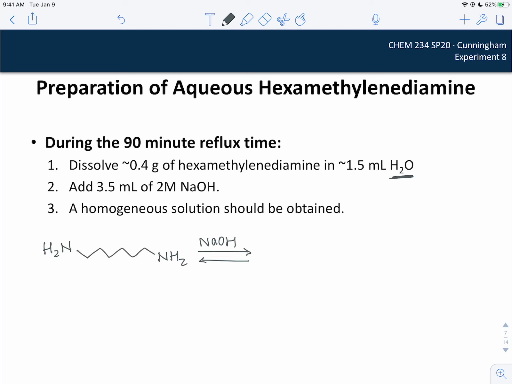And so typically if we are talking about sodium hydroxide, we're talking about a base, we're talking about an acid-base reaction. So something I want you to think about is, does an acid-base reaction occur?